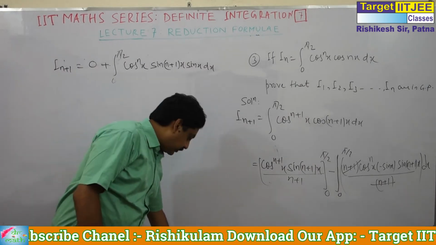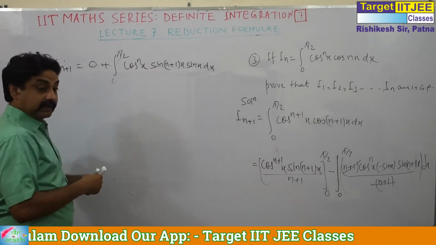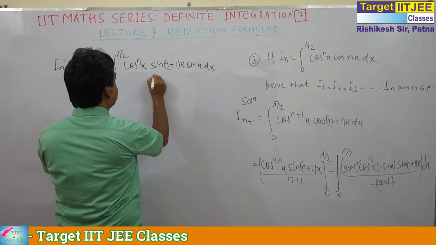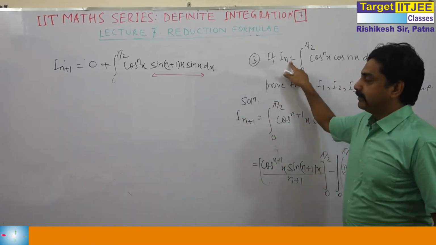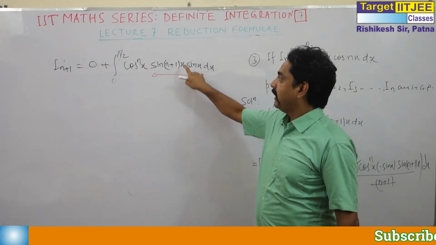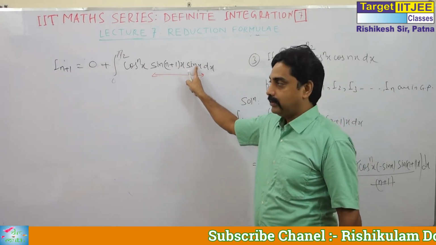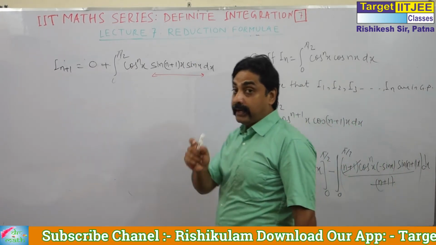Now, what do we do? See, now there is a very interesting step. This one, how to manage this one? Because if we have to convert this into I_n, there must not be any term of sin.